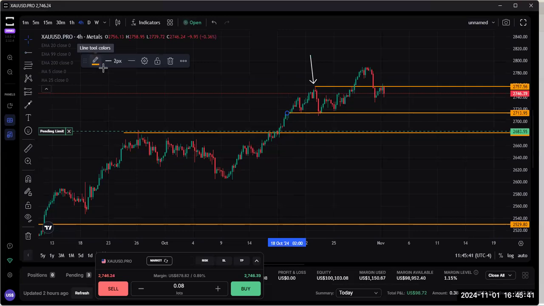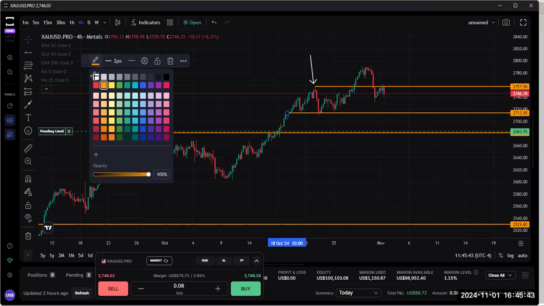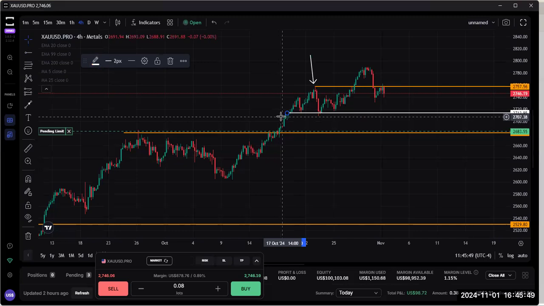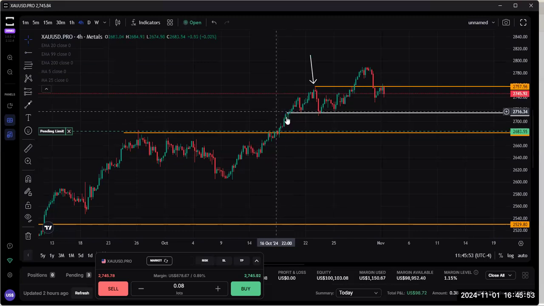I'm going to use white for my 4-hour. I just like to code them in colors, but you don't have to have your chart so messy. So on the 4-hour time frame, when we look at it here, when price got here, it initially held, then it broke above it, and then look, it flipped it into a support.